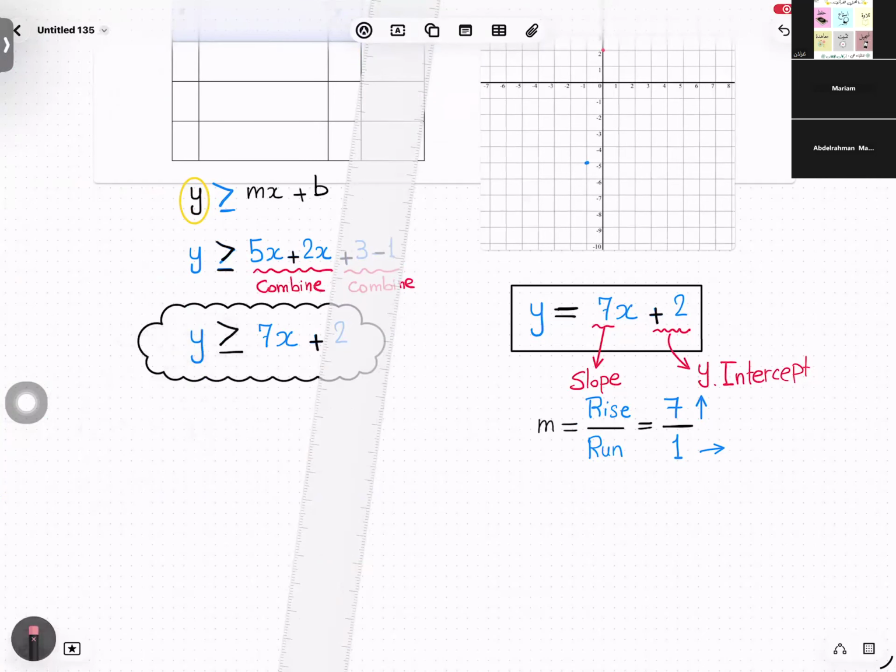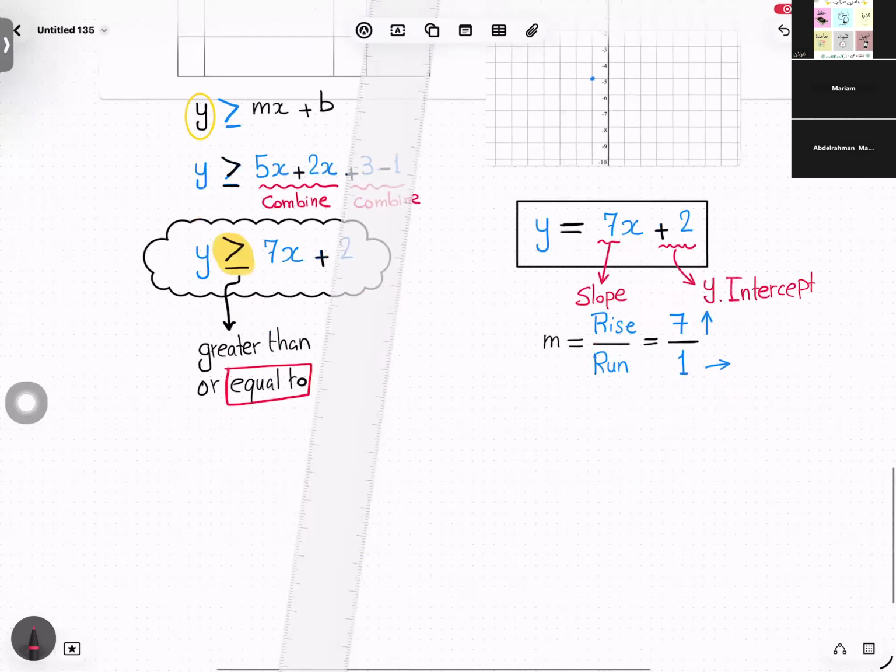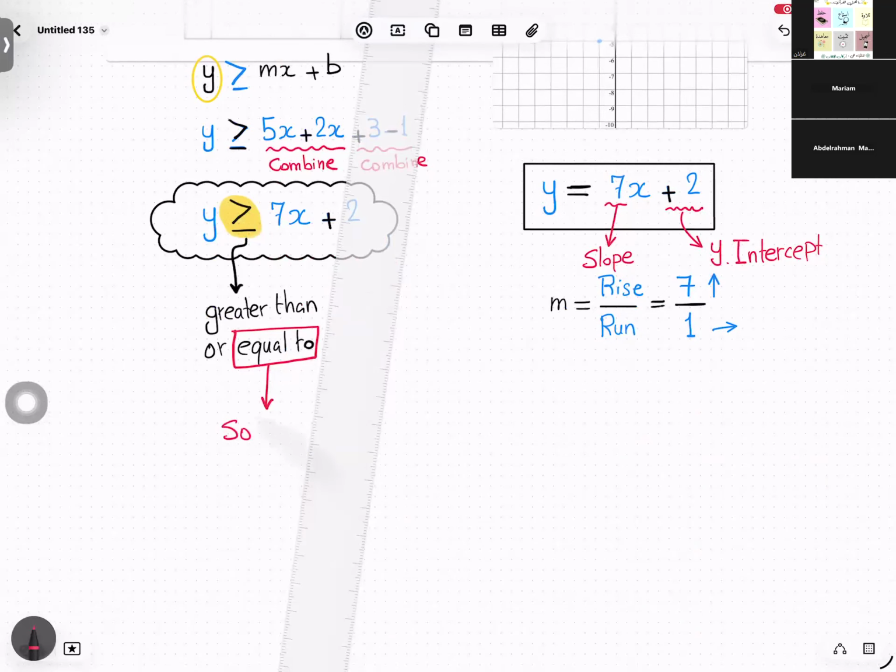If the inequality sign includes equal, like greater than or equal to, then because there is an equal to with the inequality, it will be a solid, continuous line without any dash.